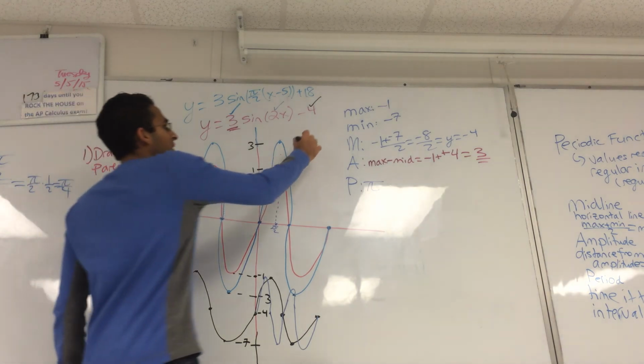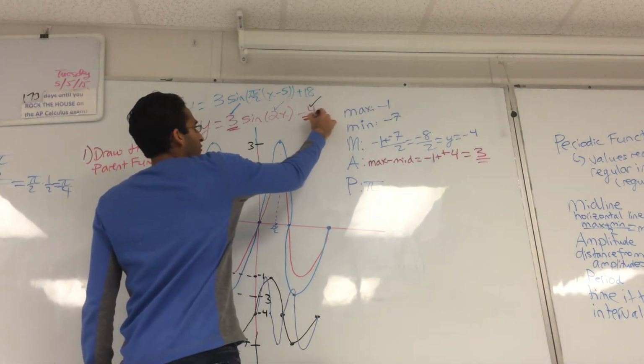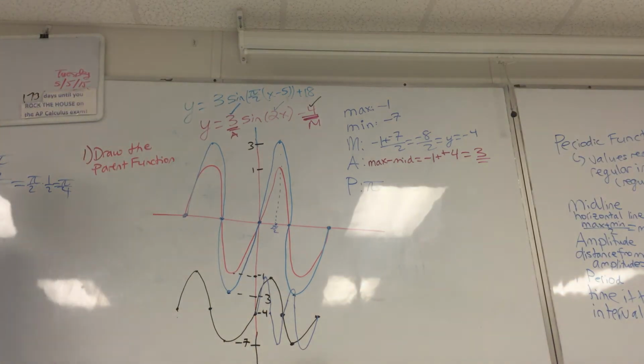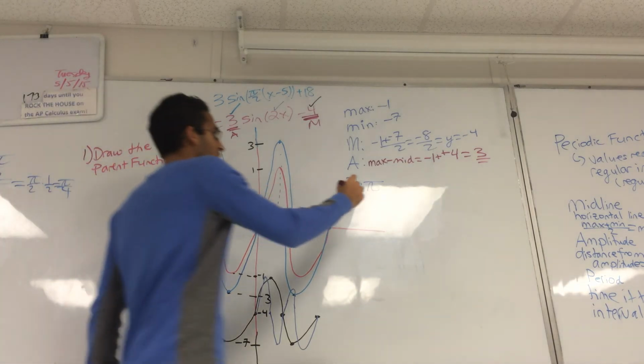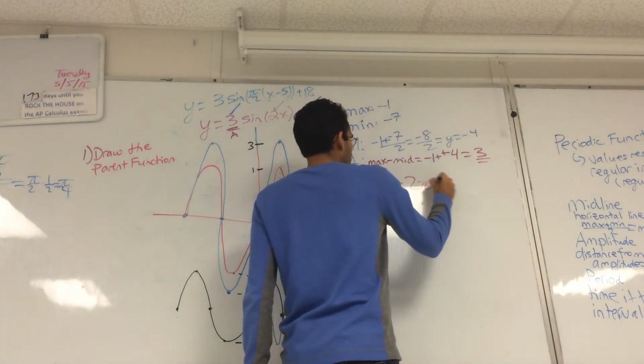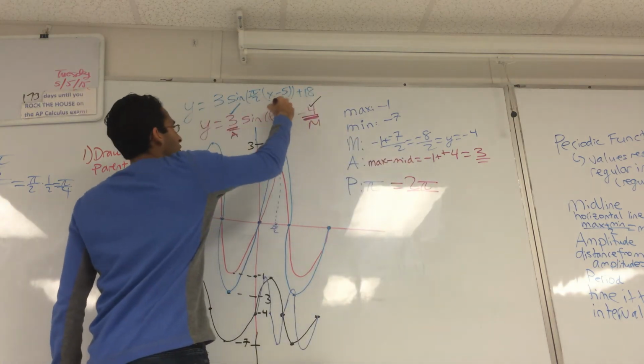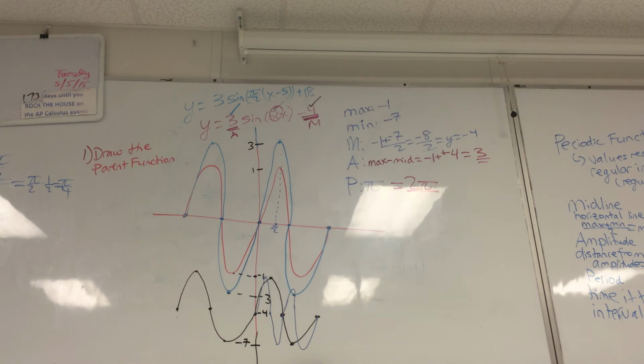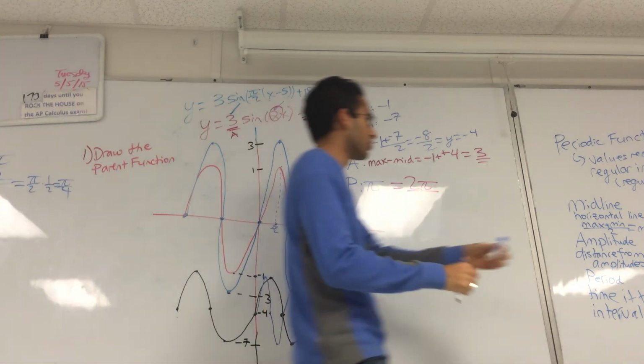The midline is right here every time. And the period is always this. Always. 2 pi divided by whatever is here. Always. So if you know amplitude and midline, you can solve for the maximum using the formula here.